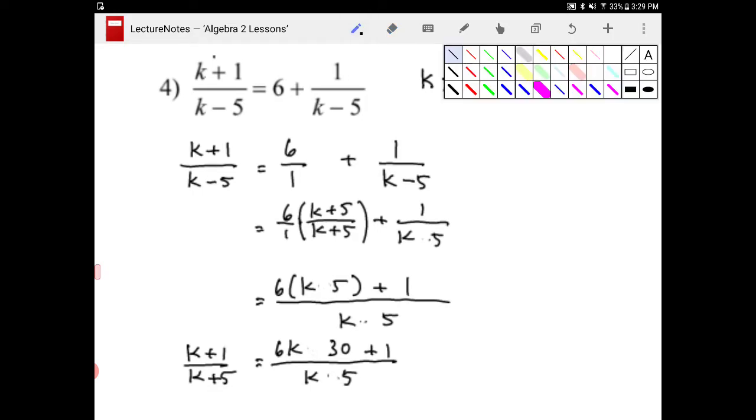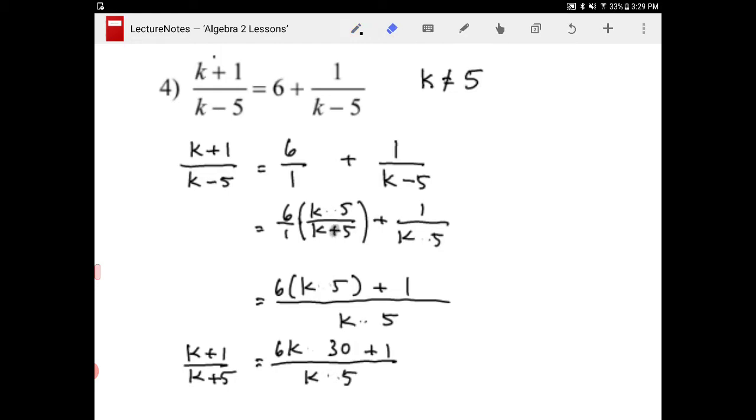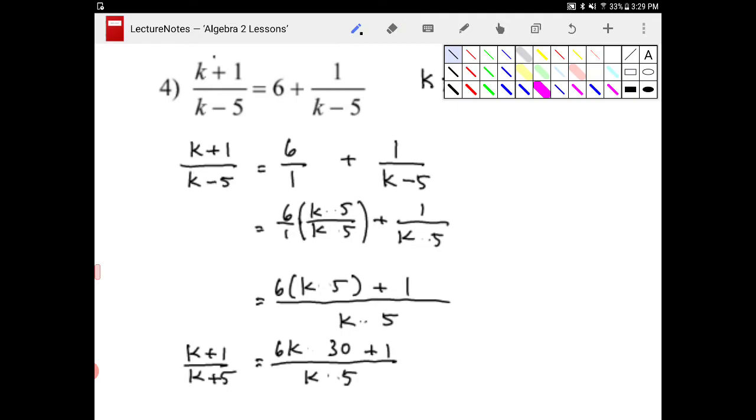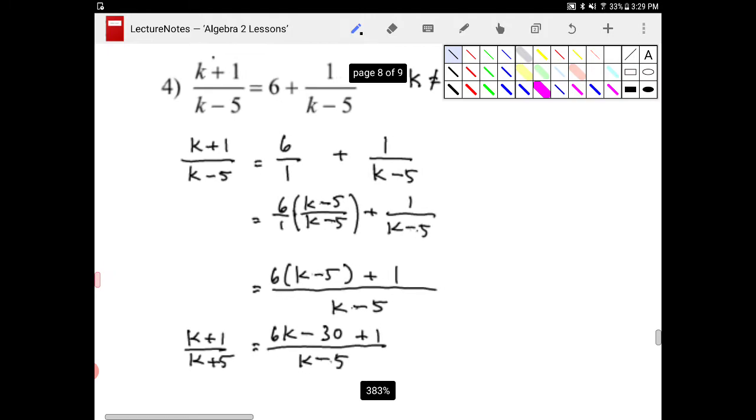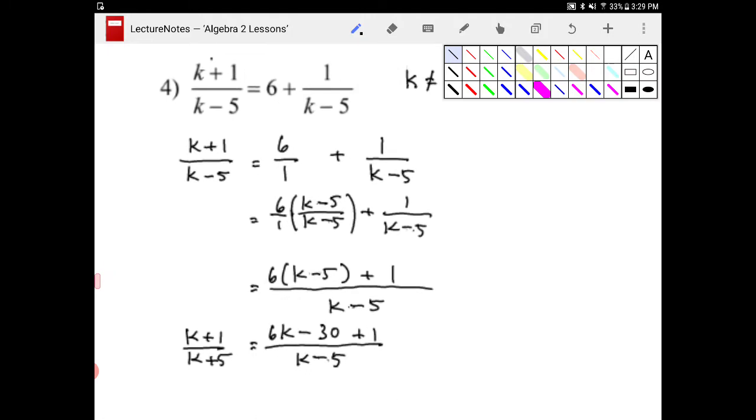Okay, let me fix all that. So these are minuses too. Minus, minus, minus, all fixed.